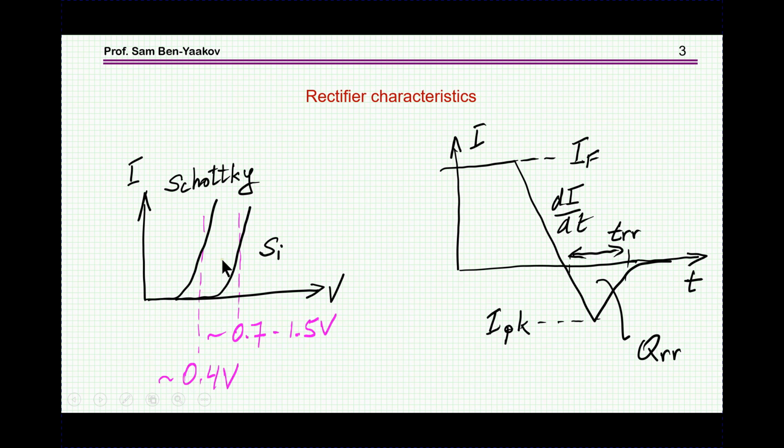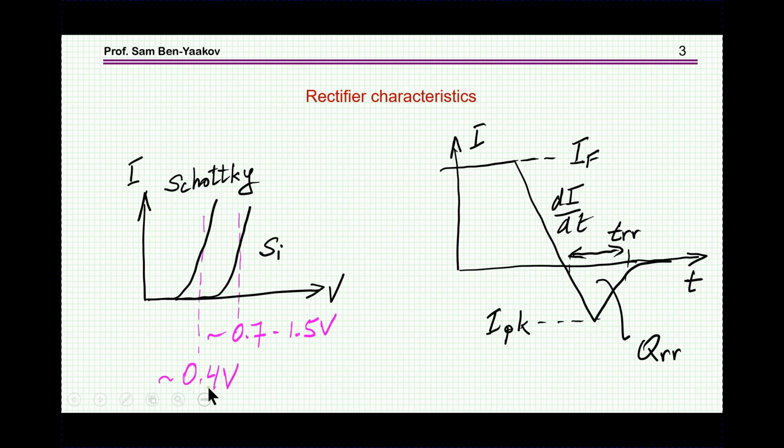I'm not showing the silicon carbide, which can be used up to high voltages, not like the silicon Schottky. The silicon Schottky is limited to, say, 100 volts. Silicon carbide can go up to a few hundred volts and above that, but the voltage drop will be even higher, like 2 volts and perhaps higher.